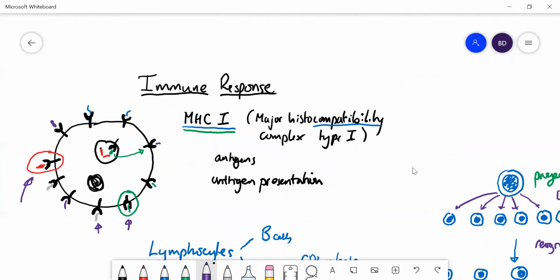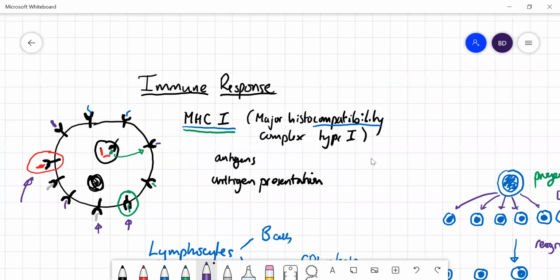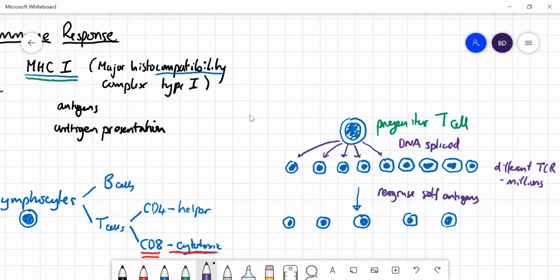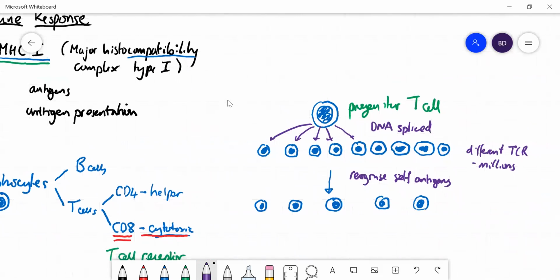So anything which is a self-antigen, and there'll be lots and lots of different ones, tens and hundreds of thousands of them, if it recognizes self-antigens, it gets wiped out by a process called apoptosis, which is where the cell is told to kill itself. So these ones here are the ones that recognize self, and so they get wiped out, and they don't last into the mature animal.